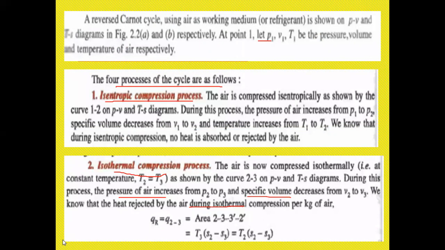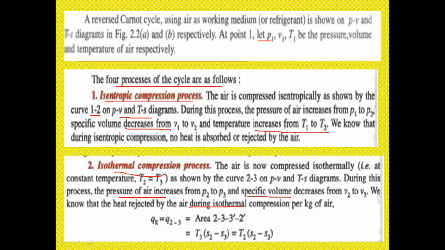Now see the first one, the isentropic compression process. Here the air is compressed isentropically in the curve 1-2 on the PV and TS diagram, as we showed in the last class. Whenever the pressure is increased from P1 to P2, the volume decreases, and the temperature also increases.